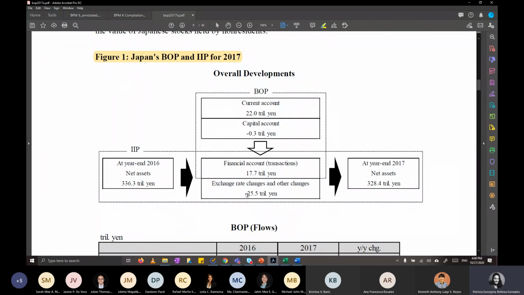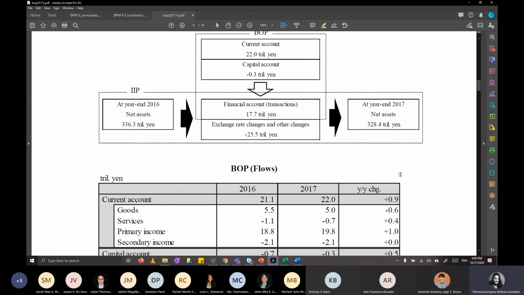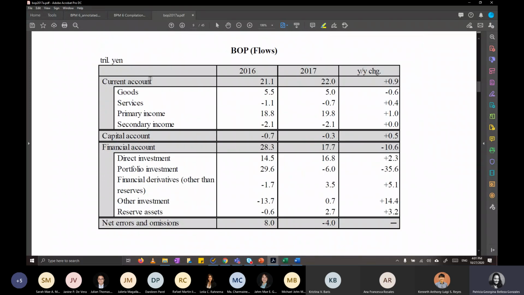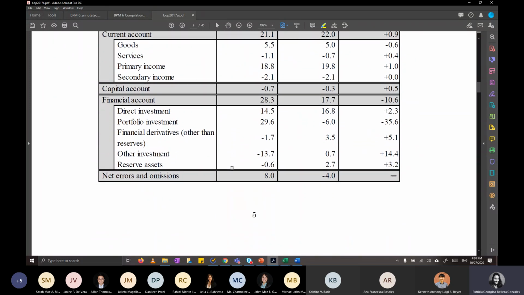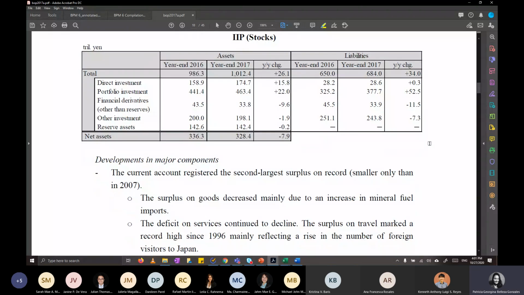They also put the exchange rate here. The changes in these obviously explain the ending IIP. So you have BOP flows here according to the different accounts and the corresponding IIP.